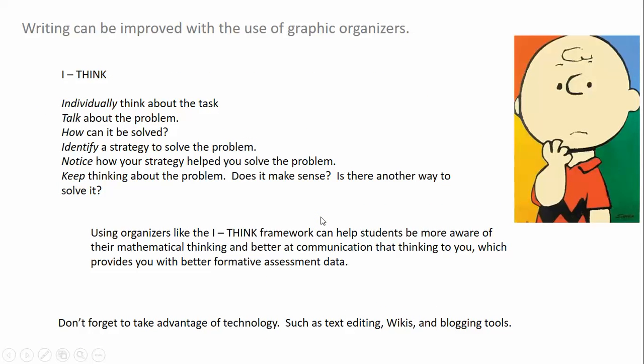Writing can be improved with the use of graphic organizers. Graphic organizers using the I think framework can help students be more aware of their mathematical thinking and better communicate that thinking to you, which provides you with better formative assessment data. Individually think about the task.